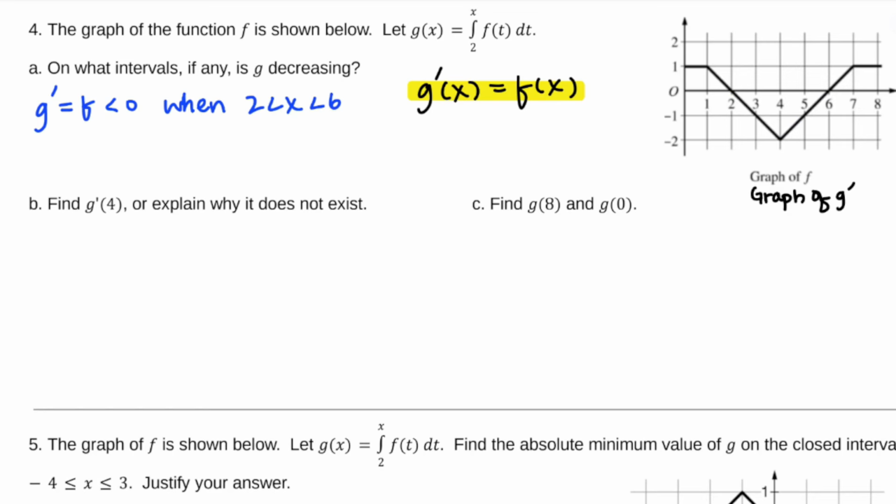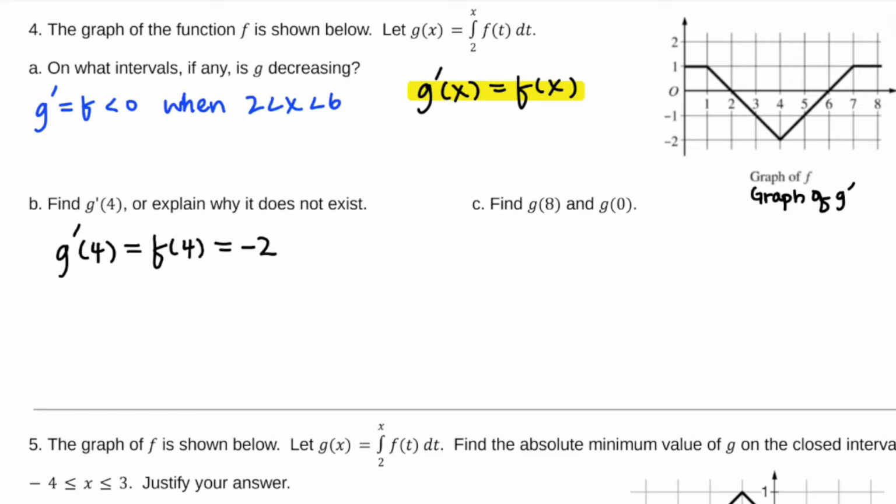Okay, and then find g prime of 4, or explain why it doesn't exist. All right, well, g prime of 4 is going to equal f of 4. And we can look on the graph. The height of the graph of f at x equals 4 is negative 2. And so g prime of 4 is negative 2. What doesn't exist is g double prime of 4, because that would be f prime of 4, and f prime of 4 doesn't exist because of the sharp corner.